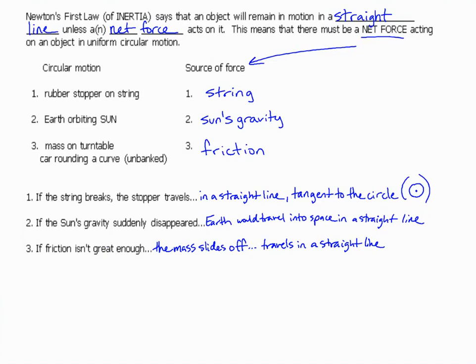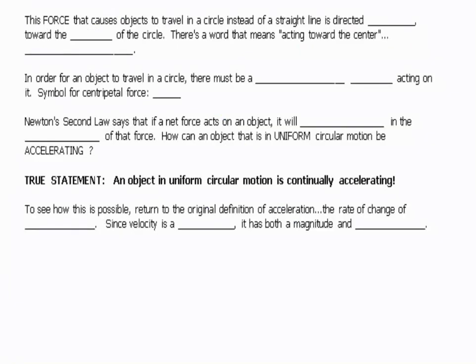The force that causes an object to travel in a circle instead of in a straight line is directed inward towards the center of the circle. There's a word that means acting toward the center: centripetal.